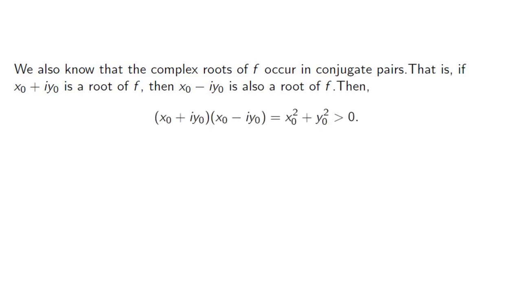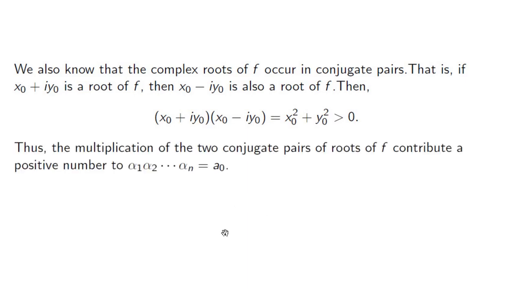And their multiplication will give us x_0^2 + y_0^2, which is a positive number. And so we can conclude that the multiplication of all the complex roots of f will contribute a positive number to the multiplication of all the roots of f, which is a_0.